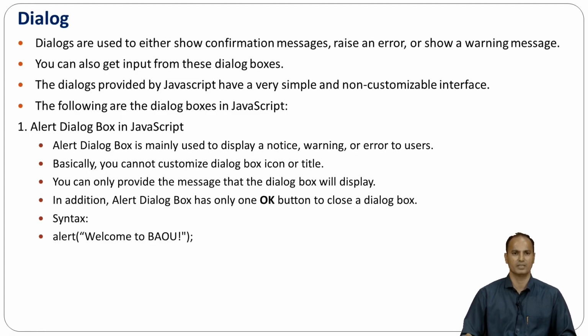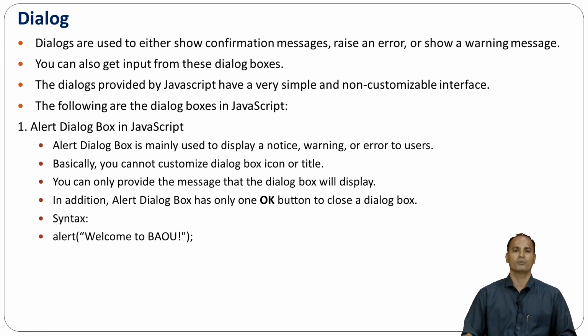Among that, the first one is the alert dialog box. We have already used alert in the previous examples, but as it is a dialog, we will go through it again. The alert dialog box is mainly used to display a notice, warning or error to the users. You can't customize the dialog box icon or title.